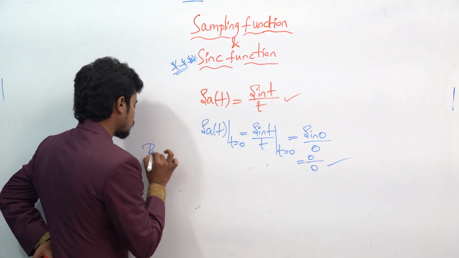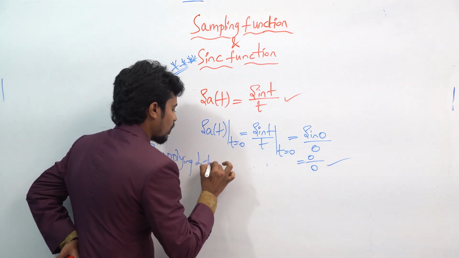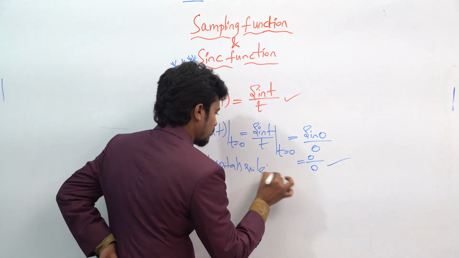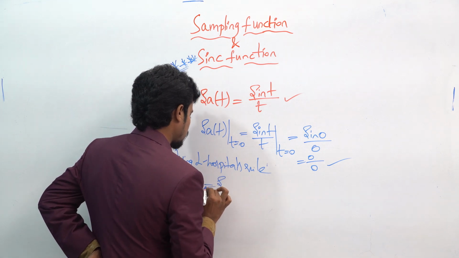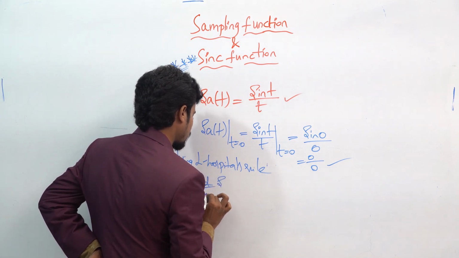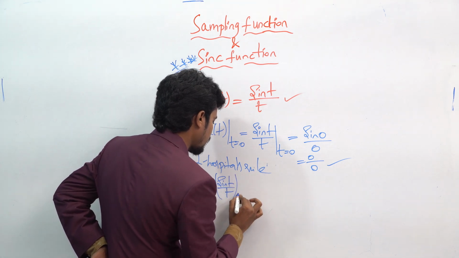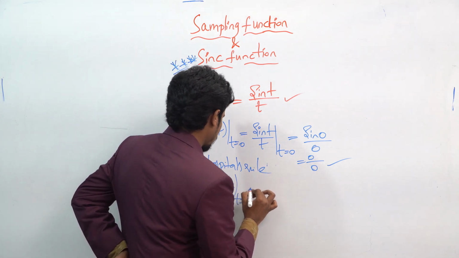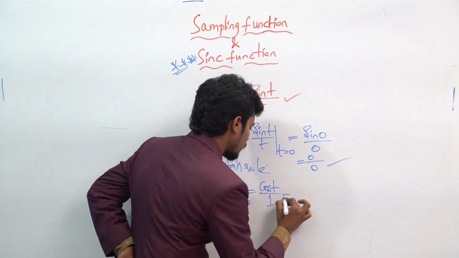By applying L'Hospital's rule, the differentiation d by dt of sin t divided by t gives cos t divided by 1.